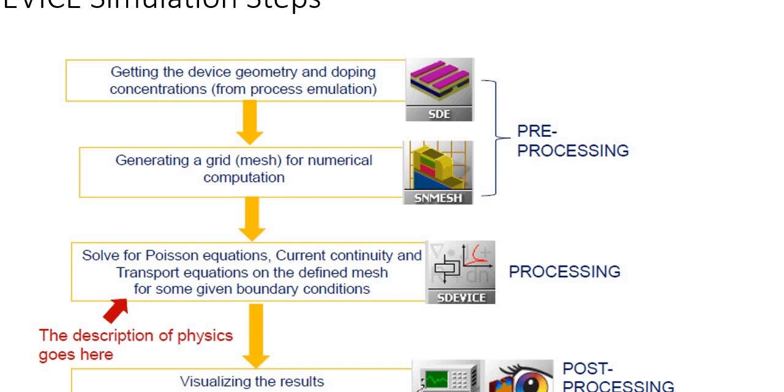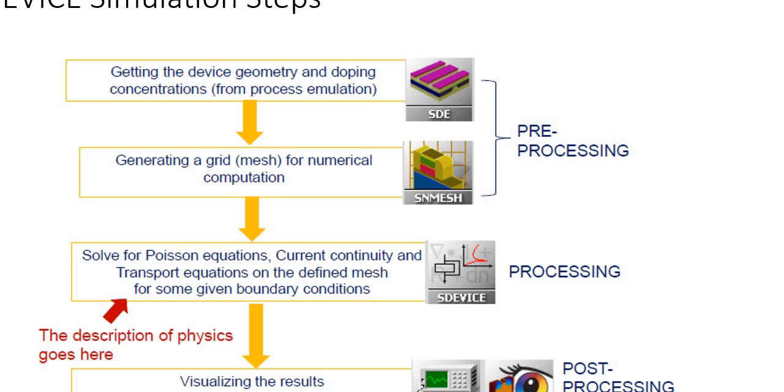After that, we have to solve the Poisson equation, current continuity and transport equation on the defined mesh for some given boundary conditions. This is basically called processing, and all of this occurs in the S-device file.